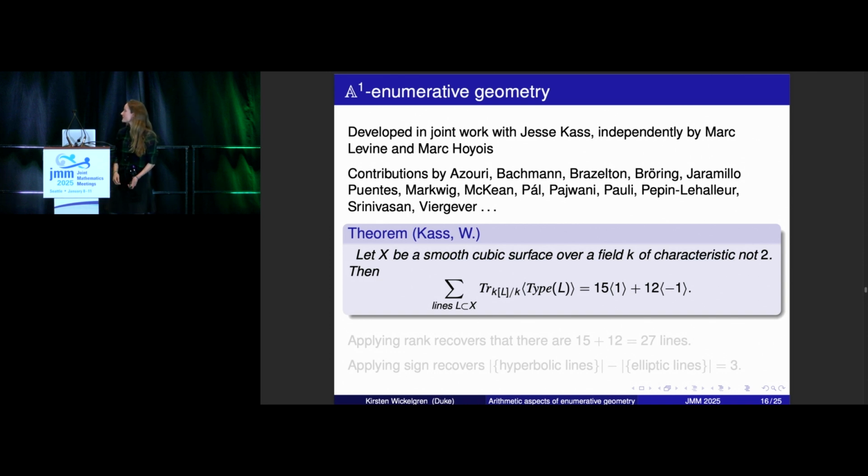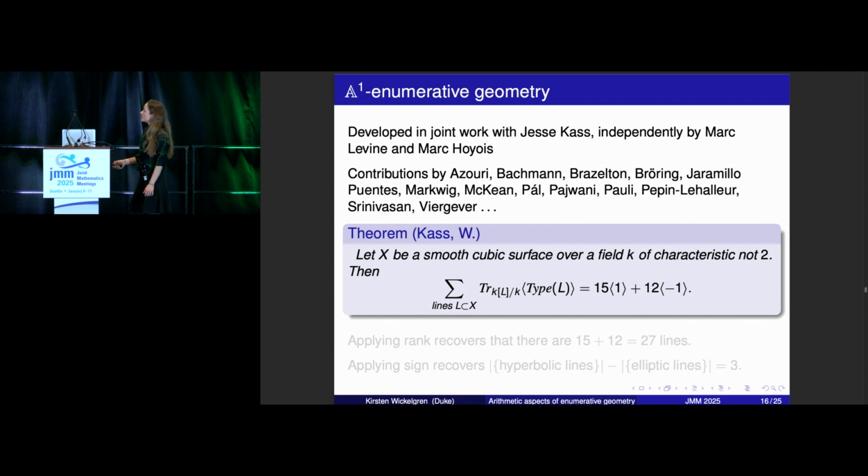So it says that if you take a smooth cubic surface over K, the number of lines on that smooth cubic surface is the quadratic form that's diagonal with 15 ones on the diagonal and 12 minus ones on the diagonal. So there are 15 bracket 1 plus 12 bracket minus 1 lines on a smooth cubic surface over K.